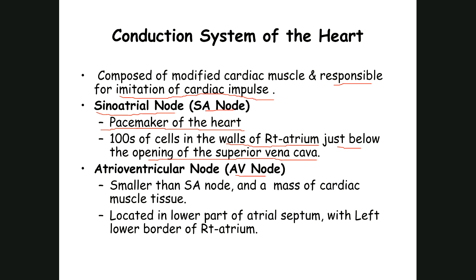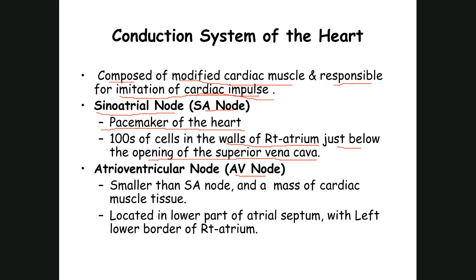So once again, I repeat, the conducting system is composed of modified cardiac muscles. Okay, and this is the function. So what is the function? The function is the cardiac impulse.